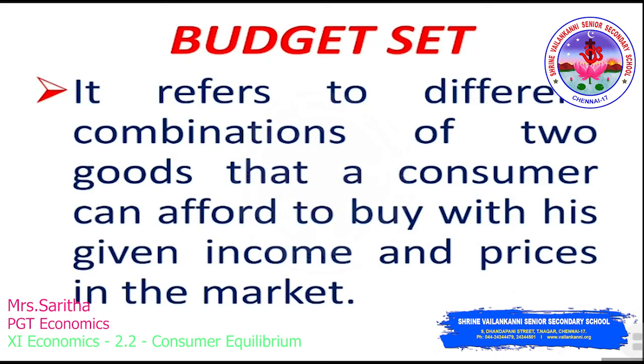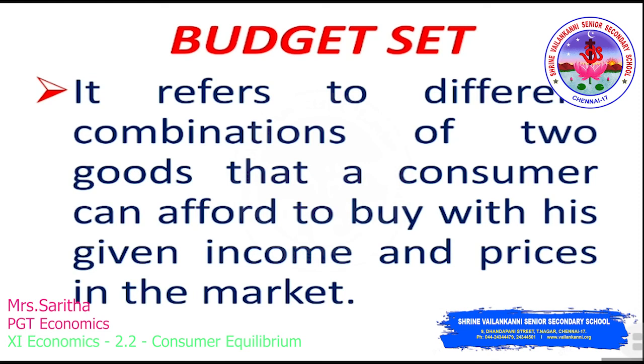Now let's move on to the budget set. Budget set refers to different combinations of two goods that a consumer can afford to buy with his given income and prices in the market. So a budget set is a set of all possible combinations of the two goods which a consumer can afford given his income and prices in the market.